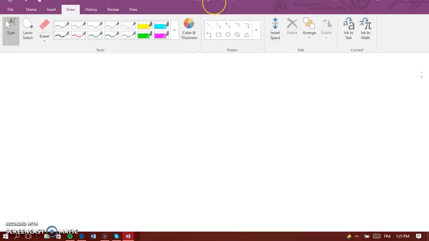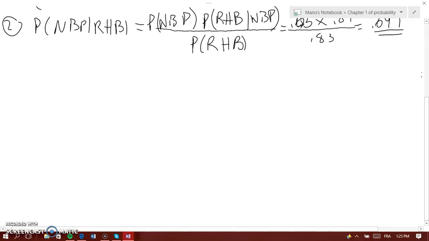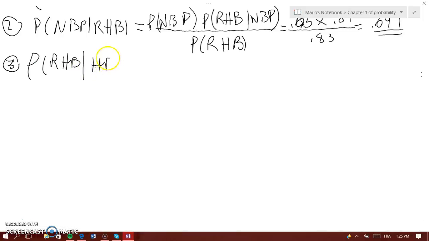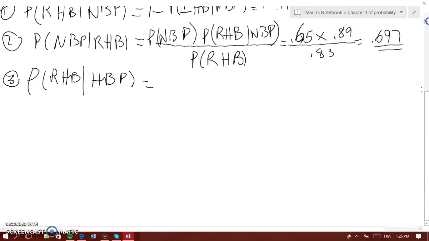Now, the third thing we need to find, number 3, we need to find the probability of regular heartbeat given the high blood pressure.